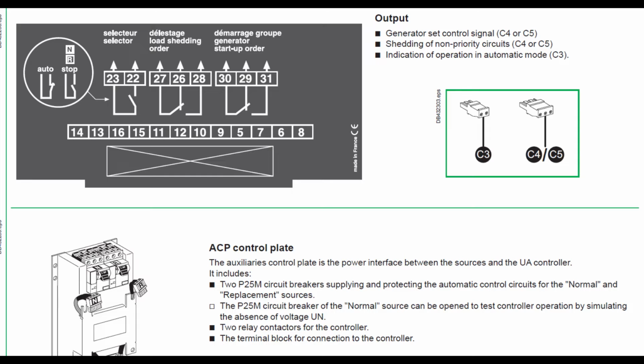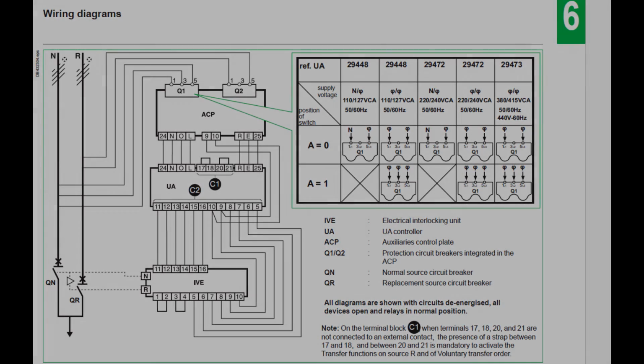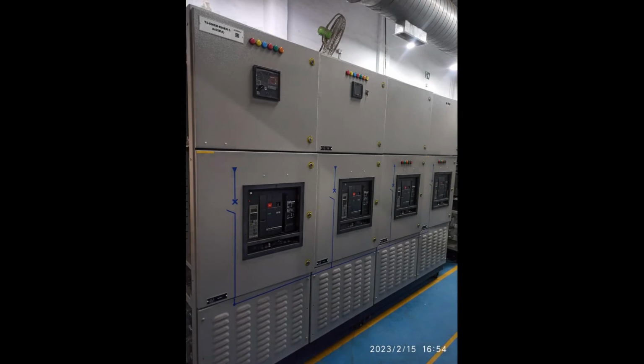Terminals number 27, 26 and 28 for load shedding, and 30, 29 and 31 for startup order. Kindly ensure wiring of controller, ACB plate and IBE as per Schneider given user manual. Here we can see individual breakers for both sources installed below ATS kit will be controlled by UA controller.